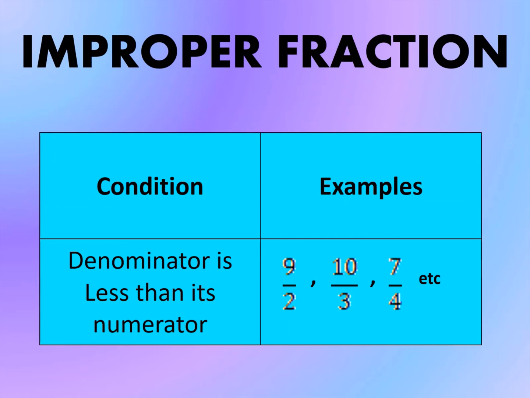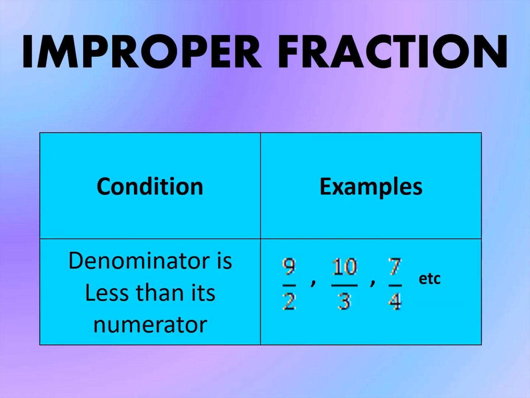Now next comes improper fraction. The condition of an improper fraction is that the denominator is less than its numerator. For example, the numerator is 9 and the denominator is 2.